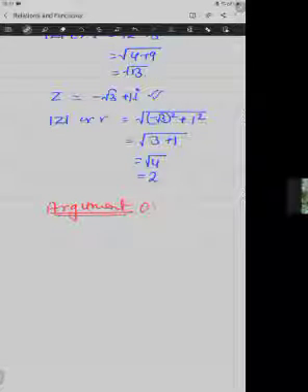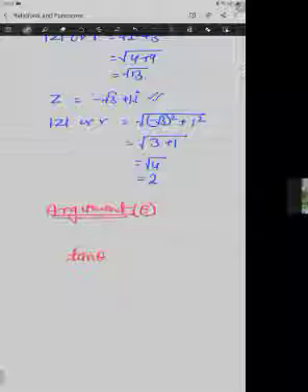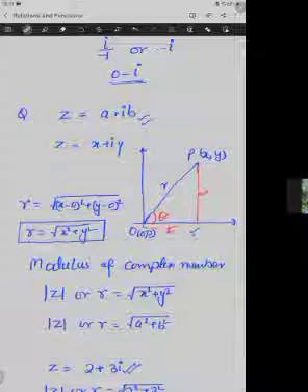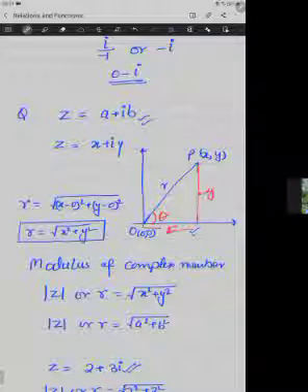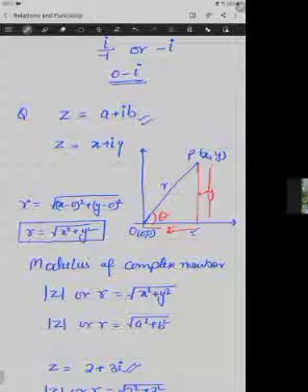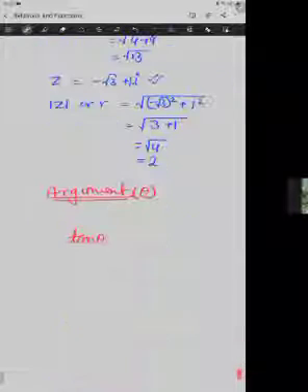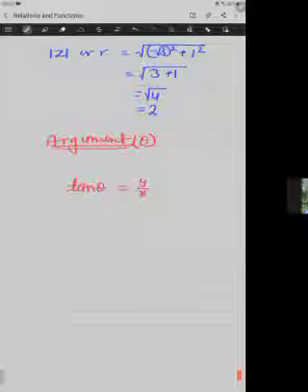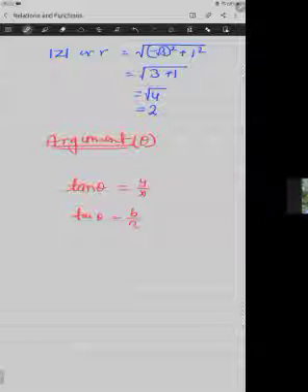Theta cannot be calculated directly, so I can calculate tan theta. Tan theta will be perpendicular upon base. This distance will be x and this distance will be y. So tan theta equals perpendicular upon base, that is y upon x. For a and b, tan theta will be b upon a.